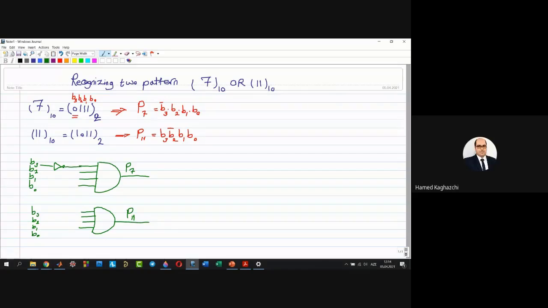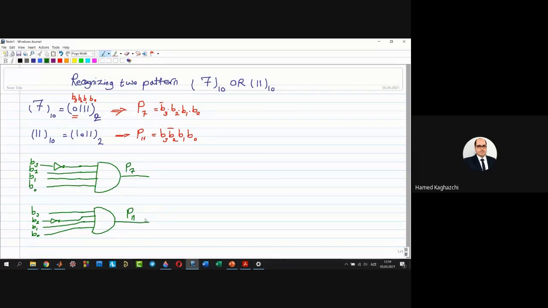Using a NOT gate. What about B2? With converting B2, I can produce P7 and P11.